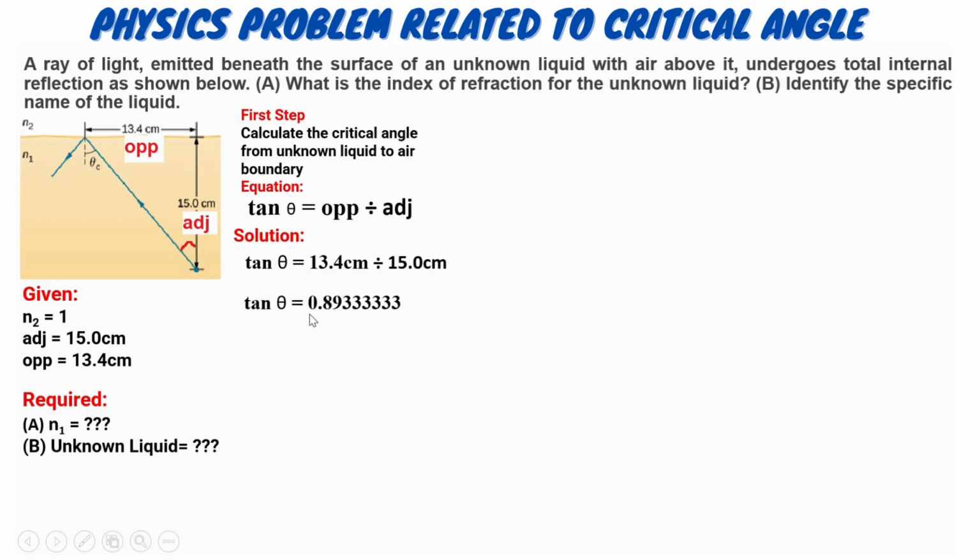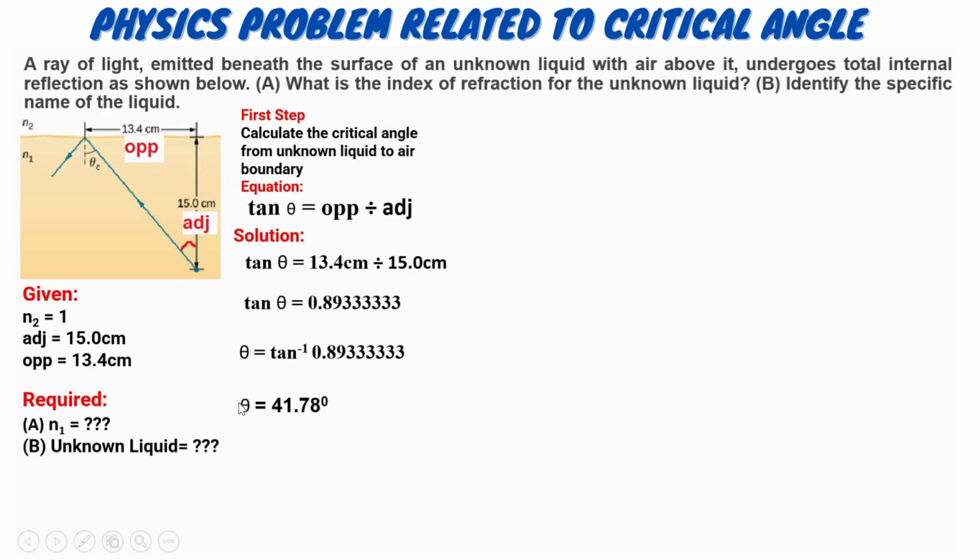0.893333. The next step is to get the inverse function of tangent for 0.893333, and the angle that we can calculate is equal to 41.78 degrees.